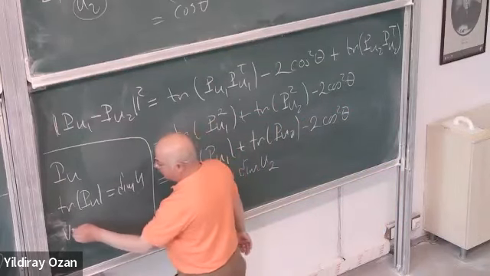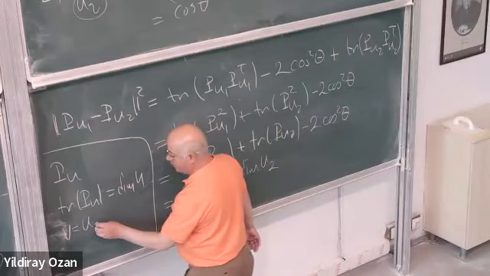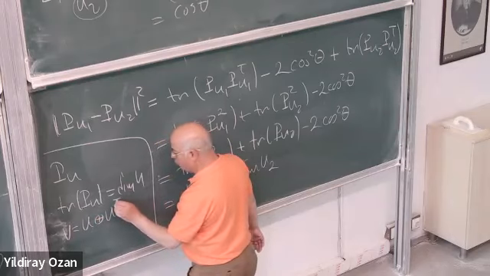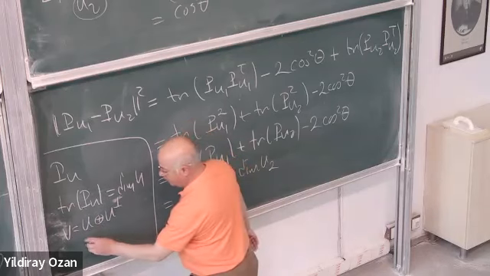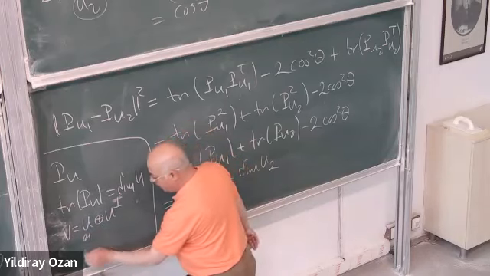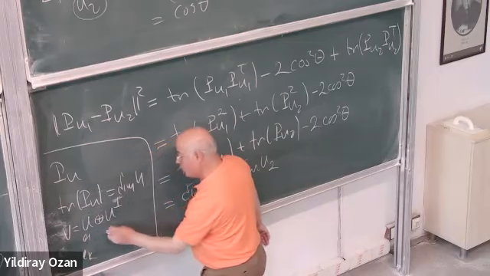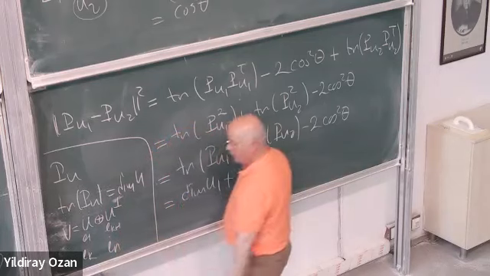U'nun bir bazını alın, E1'den EK'ye kadar, sonra da ortogonal komplemanın bir bazını alın.